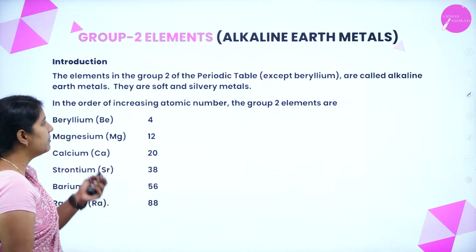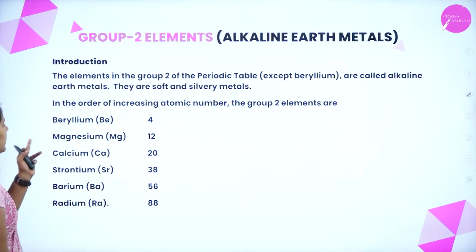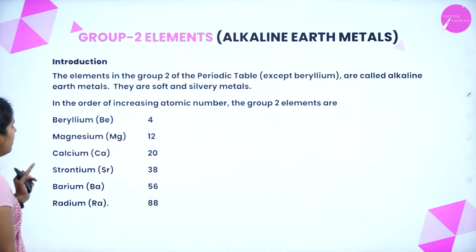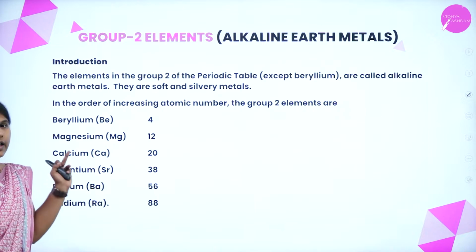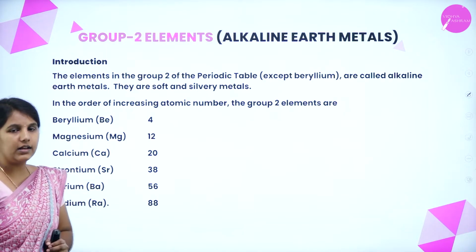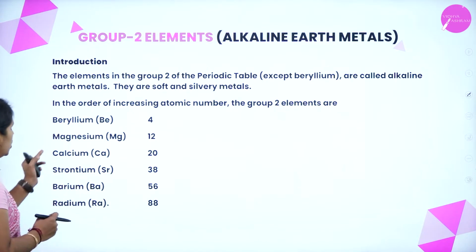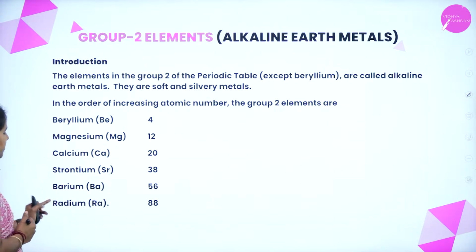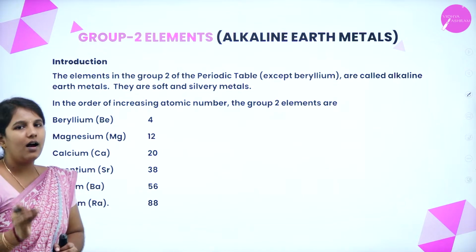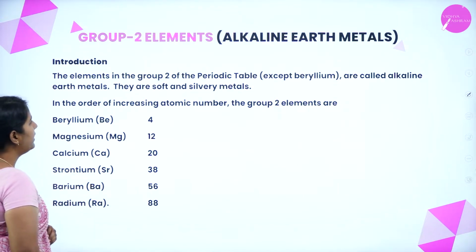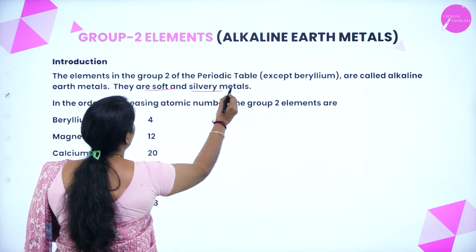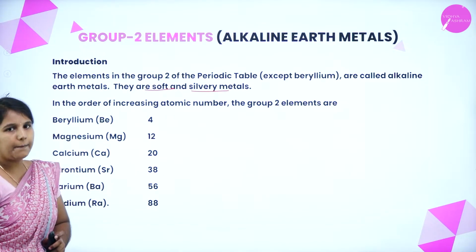The members of this group are beryllium, magnesium, calcium, strontium, barium and radium. Except beryllium, we call the group elements from magnesium to radium alkaline earth metals, and they are generally soft and have a silvery appearance.